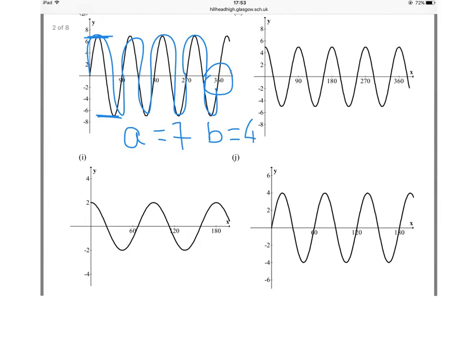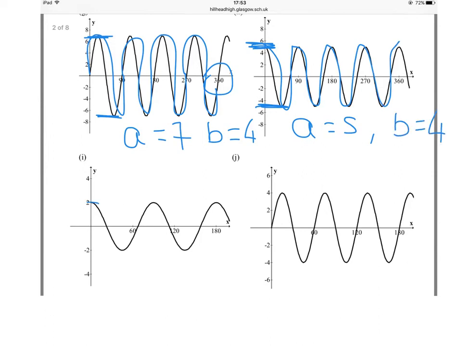Next one goes up to 5 and down to -5. That's a total height of 10. Half that and I get the amplitude, which is 5. B, number of curves in 360, so it's 1, 2, 3 and 4. B is equal to 4.